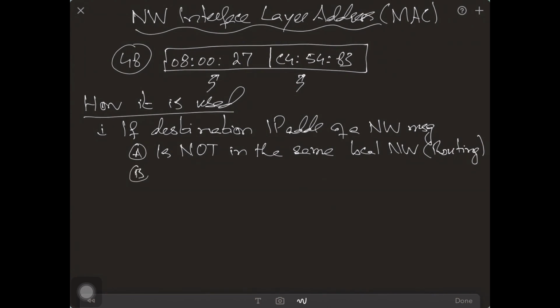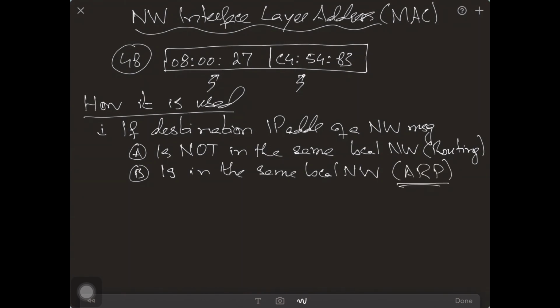In case the destination IP address of a network message is in the same local network, then no routing is done, but ARP is performed.